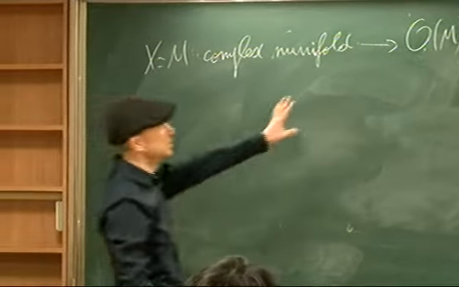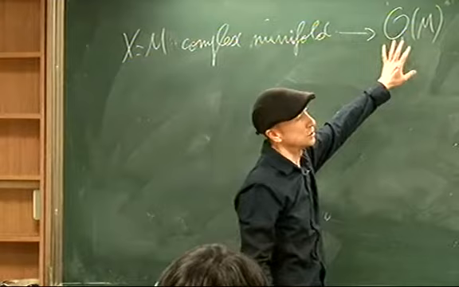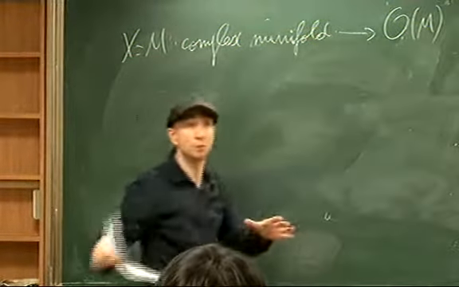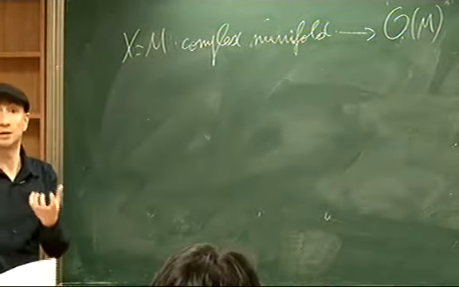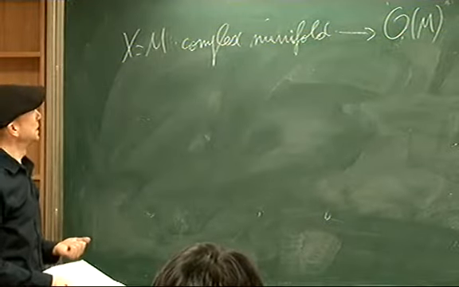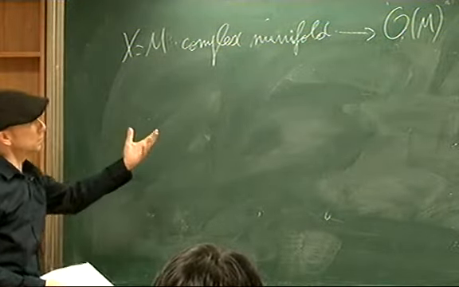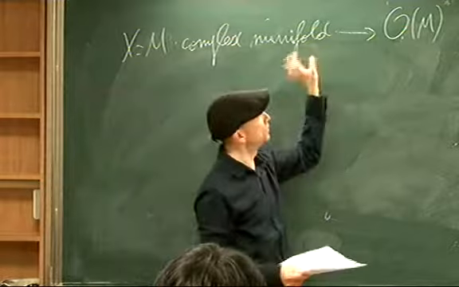Again, I insist that these are not sheaves of functions, it's just the algebra of global functions. There's much less information in that. My question: can we recover the manifold from this?